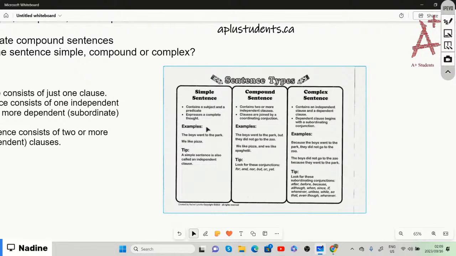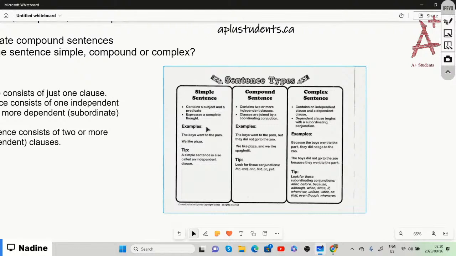And then we have complex sentences. A complex sentence contains an independent clause, which is like a simple sentence, an independent clause that can stand on its own, and a dependent clause, which cannot stand on its own.